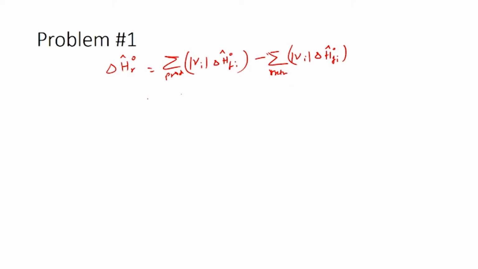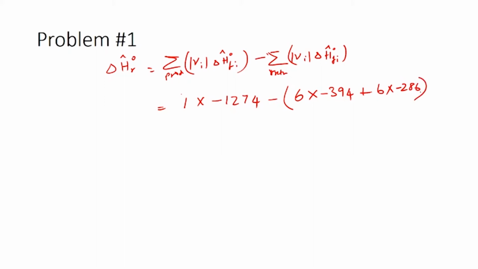Heat of reaction can be calculated using this equation as the stoichiometric coefficient of the product, which is glucose, 1 times the heat of formation for glucose, which is given as minus 1274, minus the stoichiometric coefficient of carbon dioxide, which is one of the reactants, 6 times the heat of formation of carbon dioxide, which is minus 394, plus 6 times minus 286, which is the stoichiometric coefficient and heat of formation for water.